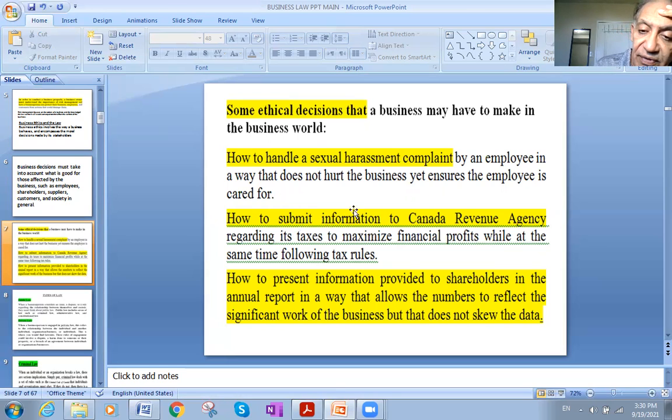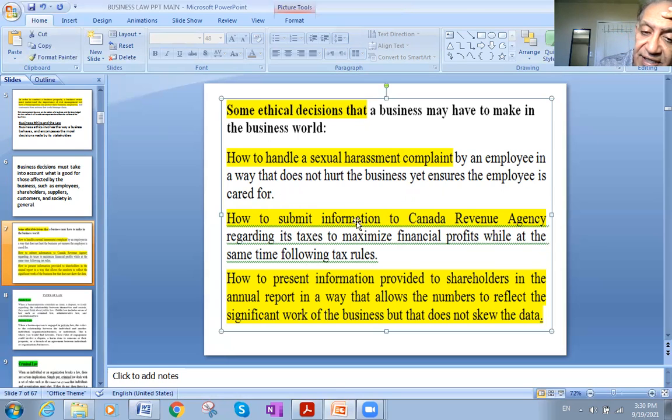How to submit information to the Canada Revenue Agency regarding taxes to maximize financial profits while at the same time following tax rules. Naturally, we are built not to sacrifice. Paying taxes is a kind of sacrificing, which is not very desirable to people.